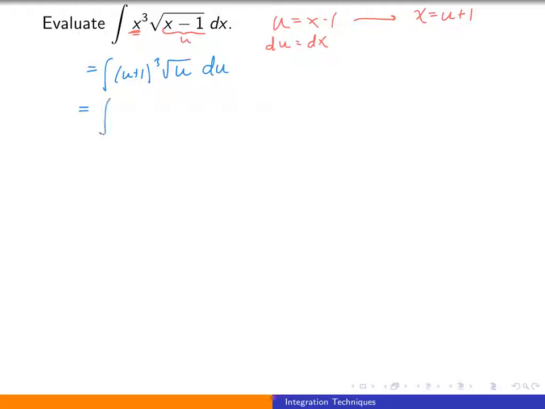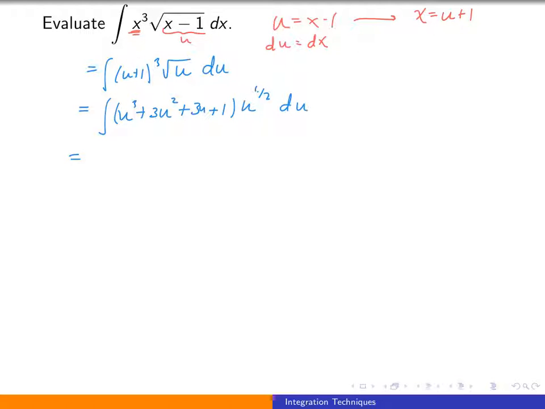So let's see here. If you were to expand out u plus 1 quantity cubed, that would be u cubed plus 3u squared plus 3u plus 1. And this is all multiplied by u to the 1/2 power.